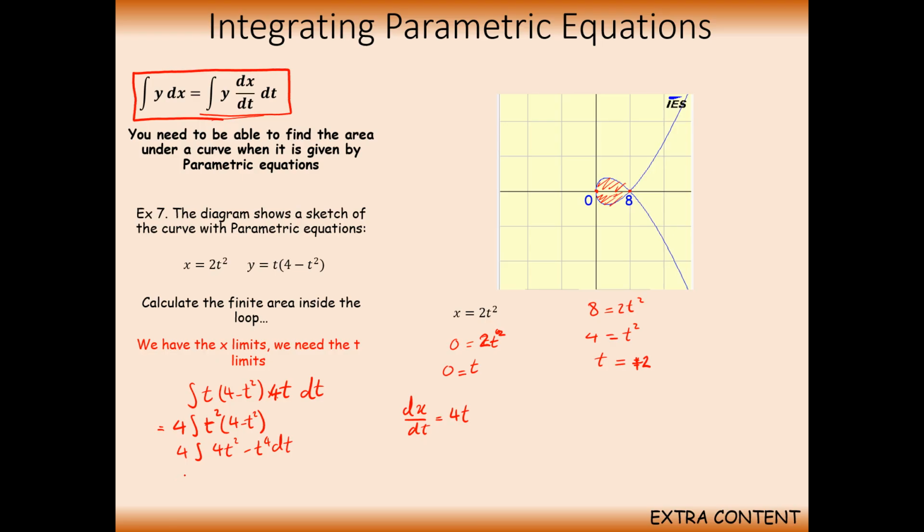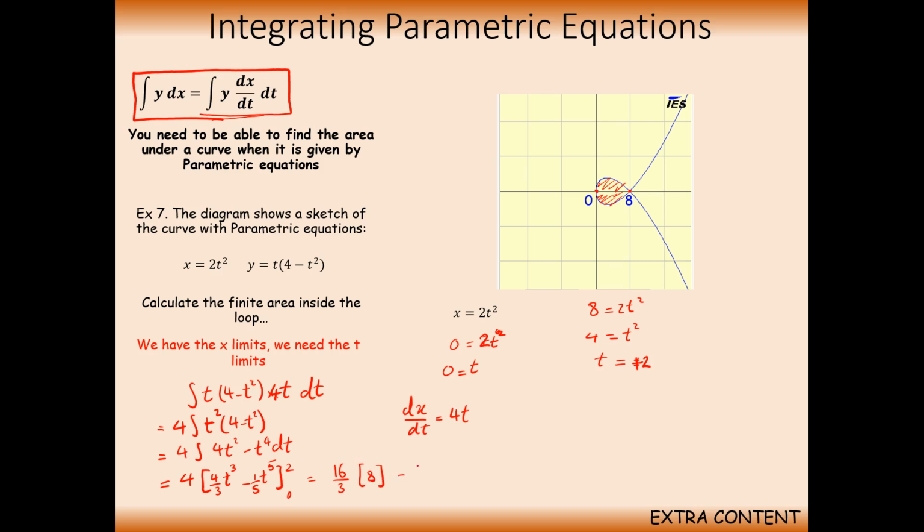Now using the power rule, let's leave the 4 where it is. Power of 3, 4 will be over 3, and this t will be power of 5 with a factor of a fifth to the front. Now the limits of t are going to be from 0 to 2. So we're going to substitute 2 into this equation. Let's write 16 over 3 first. 2 to the power of 3 is simply 8.